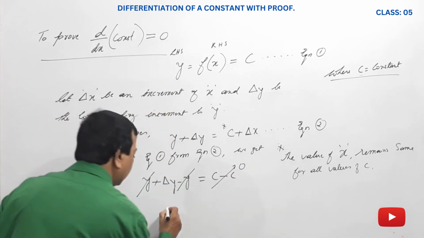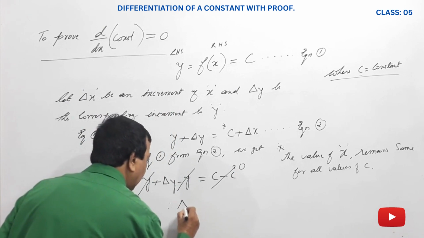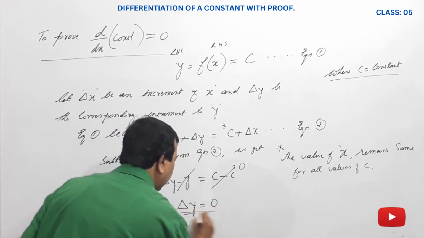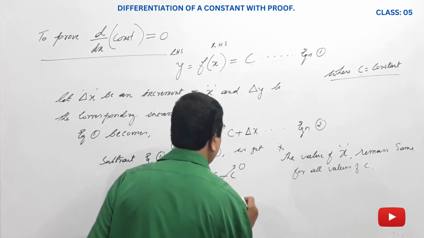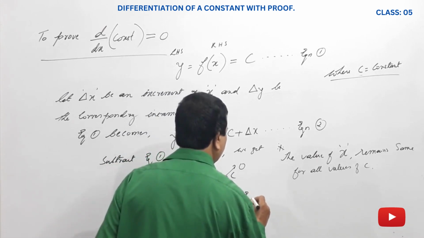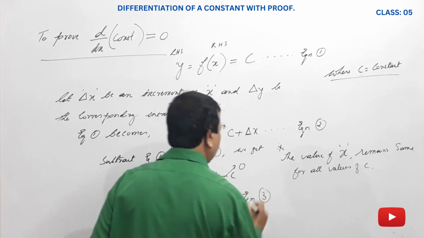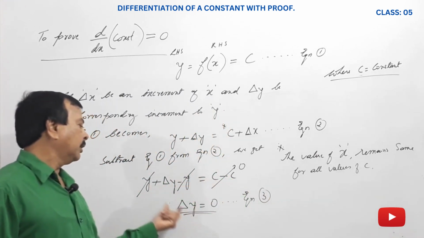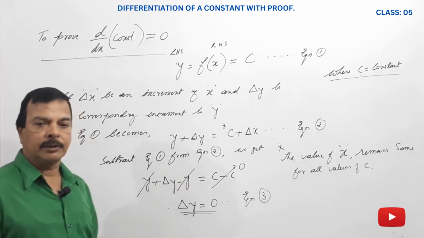So delta y equals 0. This is our equation 3.